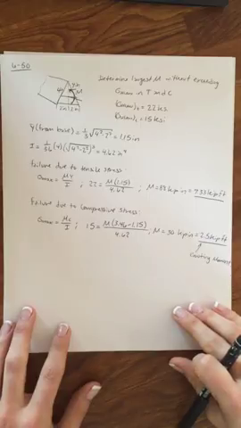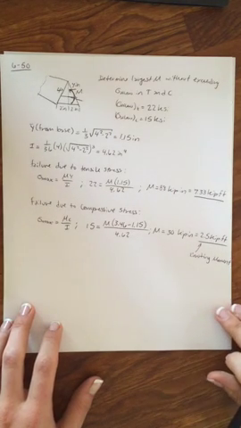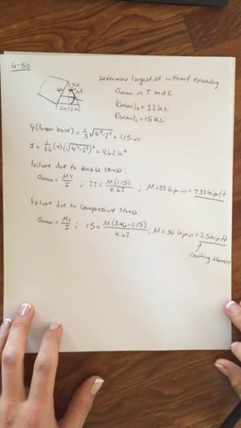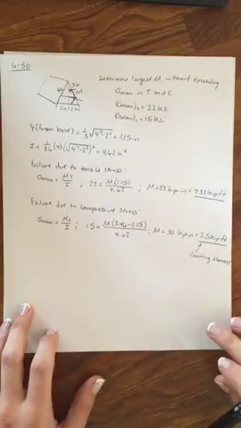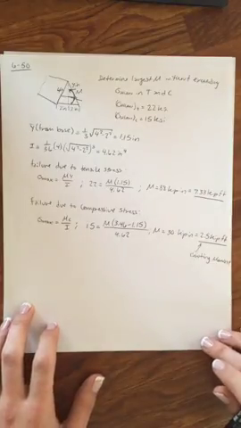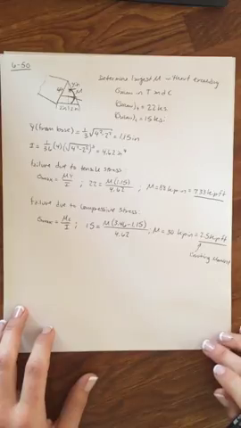So problem 6-50 in the book, they want us to determine the largest moment without exceeding the maximum allowable stress in tension or compression. And we're given that the maximum allowable stress in tension is 22 ksi, kips per square inch, and the maximum allowable stress in compression is 15 ksi.